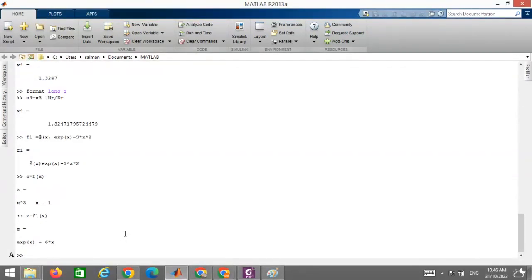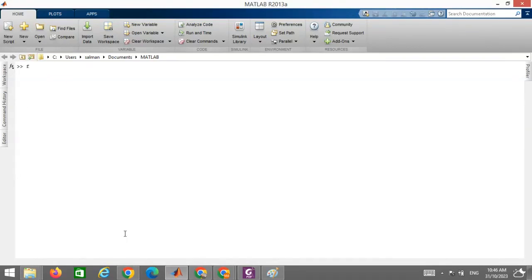No, it should give me 3 into x square, right? It is giving me the differentiation. It should not. So let me clear all, then write again. f1 is a function of x, exp of x minus 3 into x cap 2.